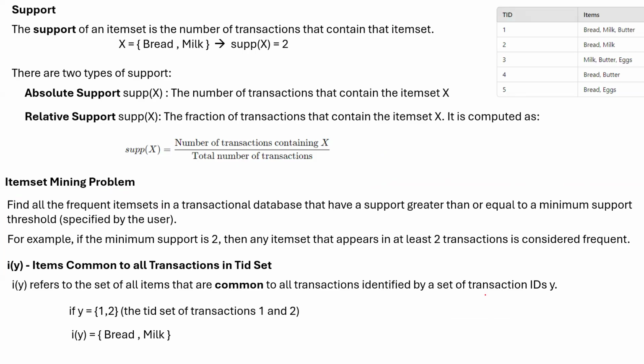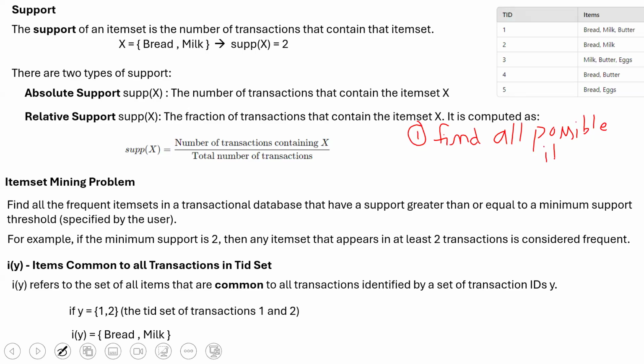How to create these combinations is what you're going to study in future. There are steps. The first step is finding all possible combinations. Find all possible itemsets. What is an itemset? An itemset is nothing but a collection of items.